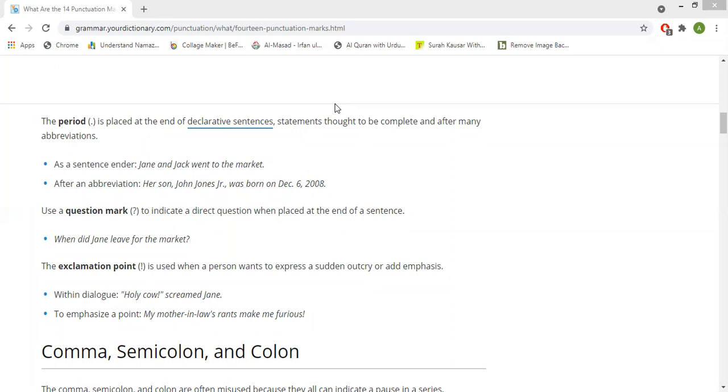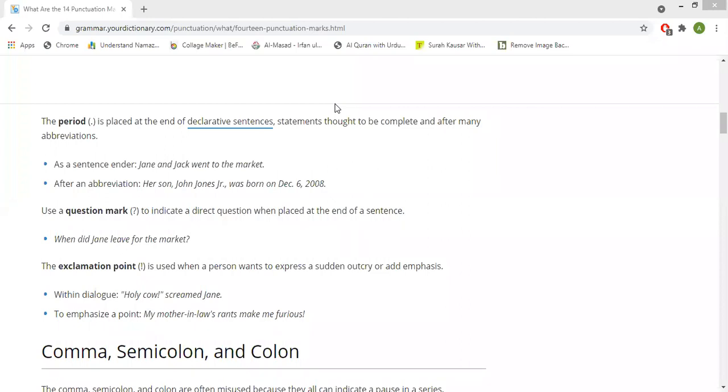The first punctuation mark that we have is the period. Period means full stop. Where to use a full stop? The full stop is placed at the end of declarative sentences, statements thought to be completed, and after many abbreviations.